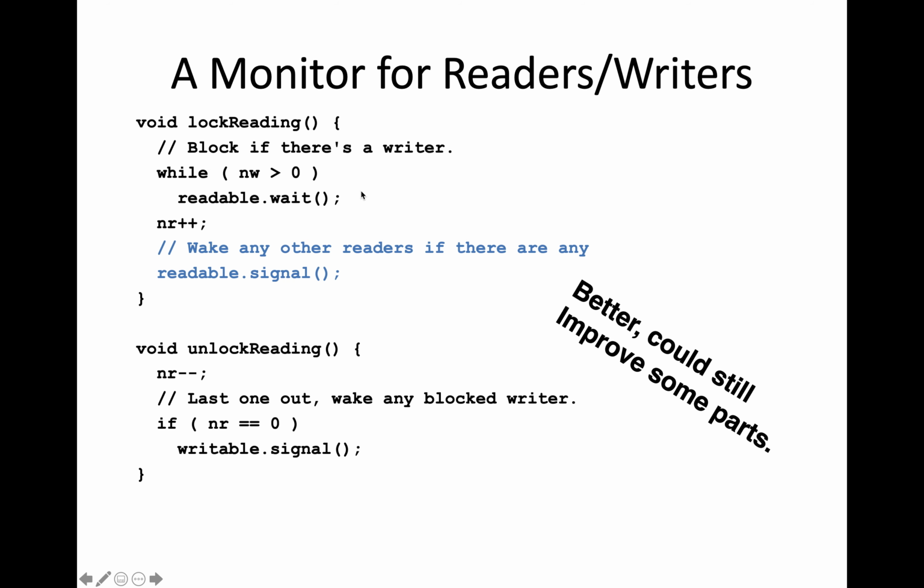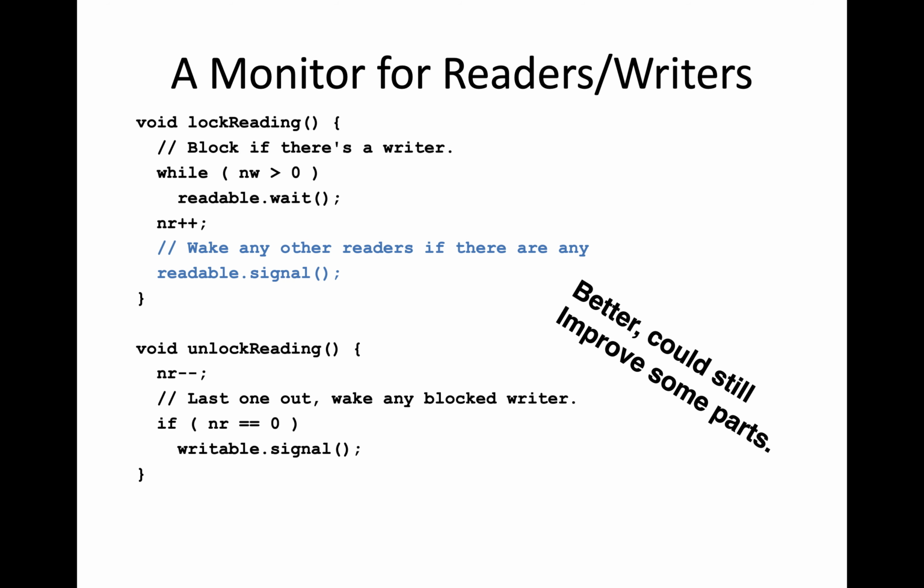Moving ahead to this version of our code, if a reader comes along and there are already some readers, that reader is given access right away. They don't even have to wait here, because if there are some readers, there can't be any writers. So if there are some readers who have access, any readers that come along behind them will also be given access.